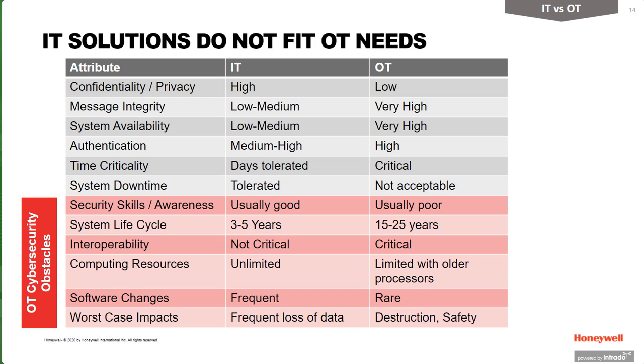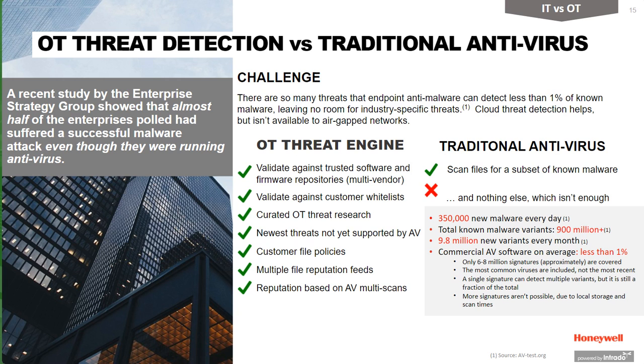Those are some of the obstacles that we have to face. And again, the worst case impact is not just loss of data, but also destruction and safety. So that's why, when you look at OT, the systems also need to be tuned for OT.